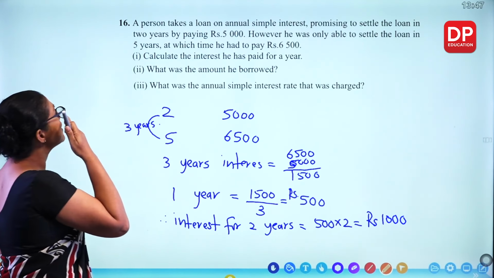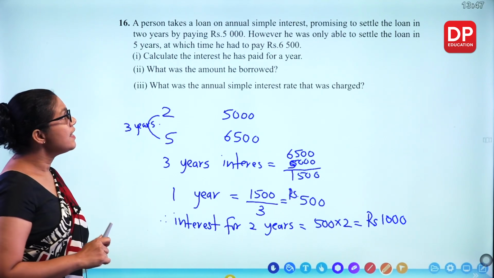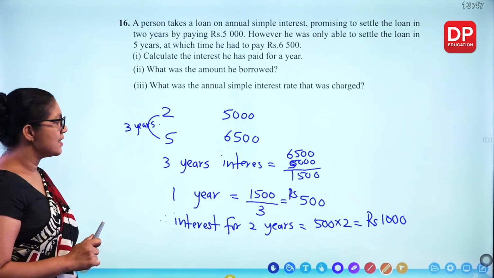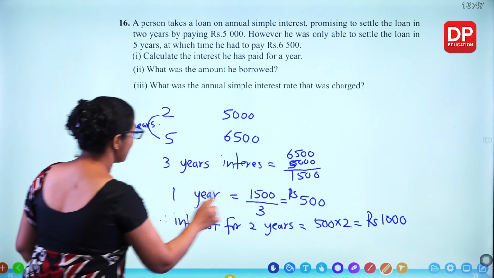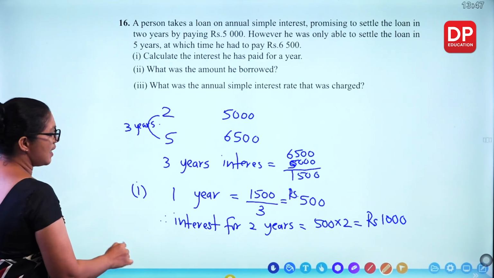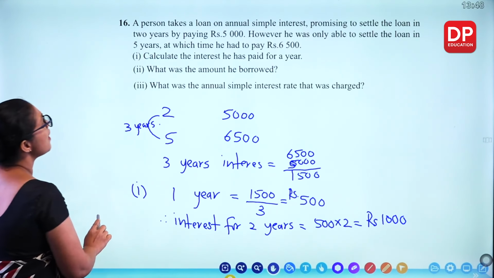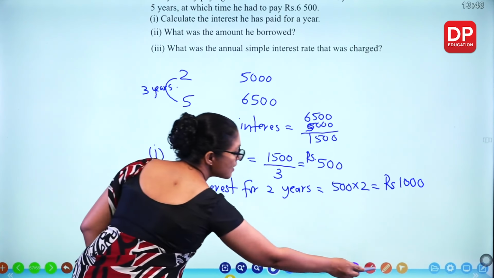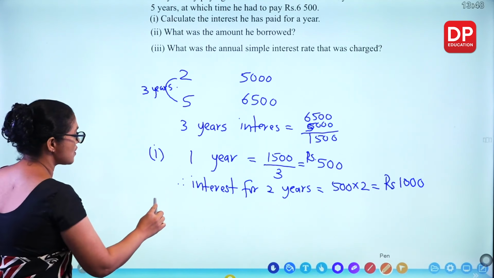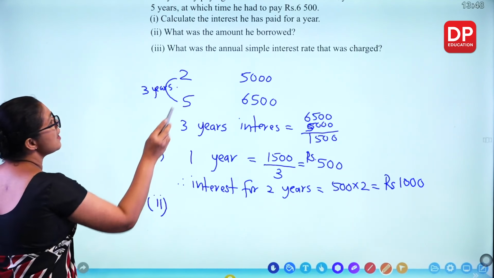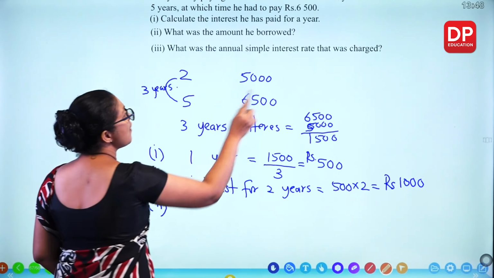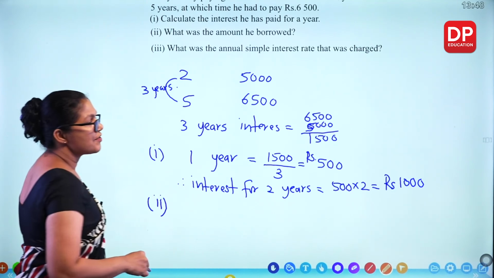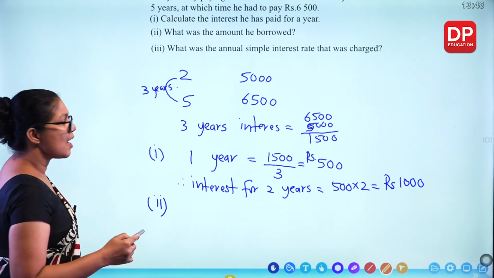Now the first part is calculate the interest he has to pay for a year. So that's this part. And the second part, what was the amount he borrowed? To do the next part, you need this 1,000. So he had to pay 5,000, but the interest for 2 years is 1,000.